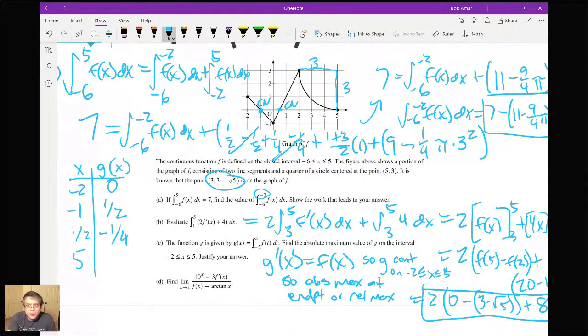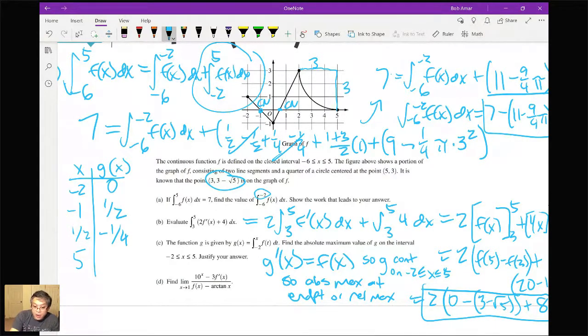It looks like the absolute maximum is going to again be found in an endpoint. I happen to know from this part up here that I did before what the value of that integral is going to be. It's going to be way larger than 1/2. It's going to be extremely large. If you wanted to, you could find it.